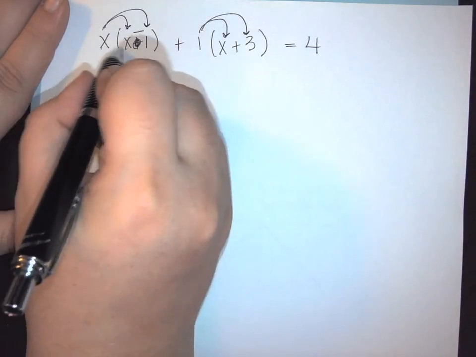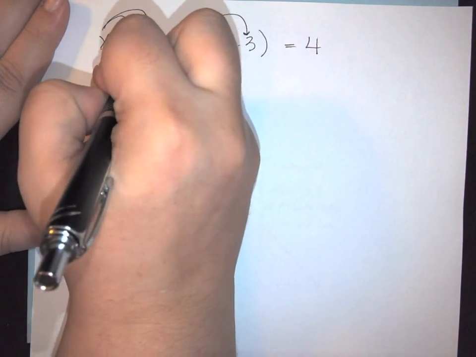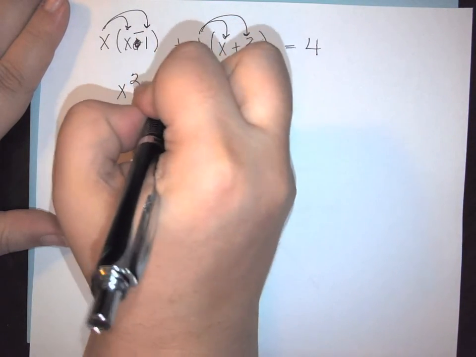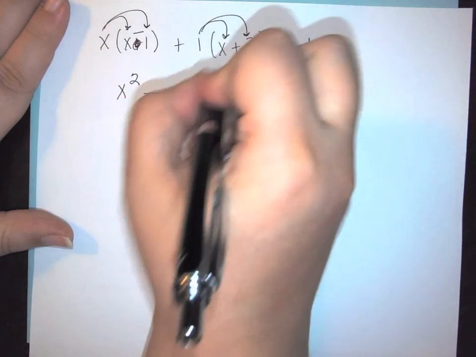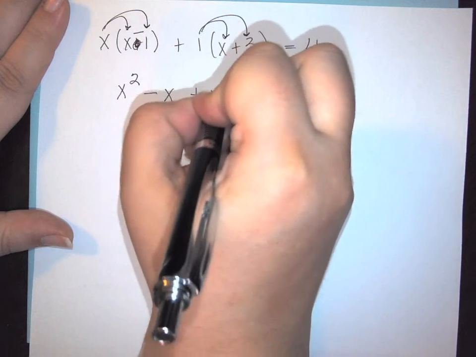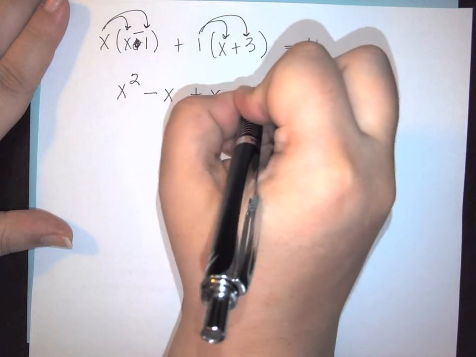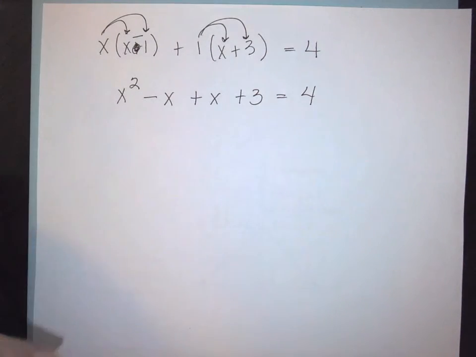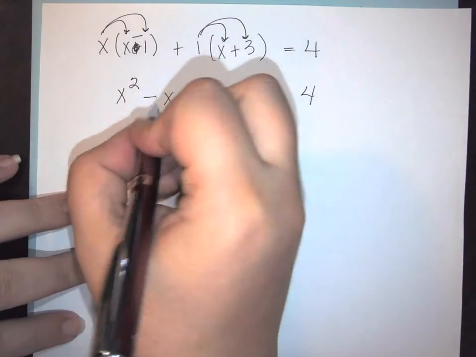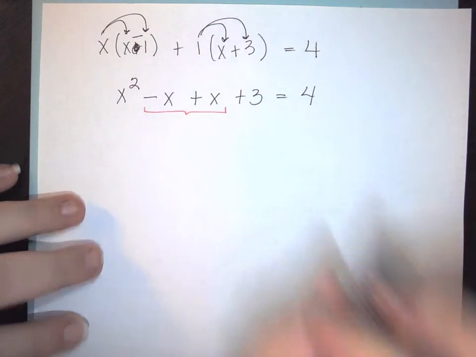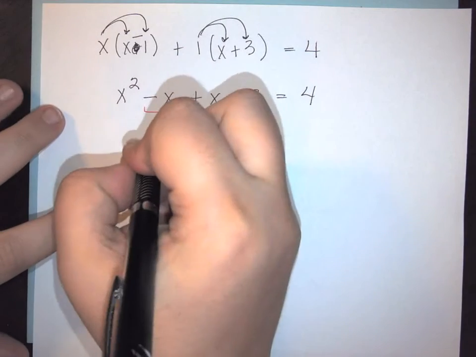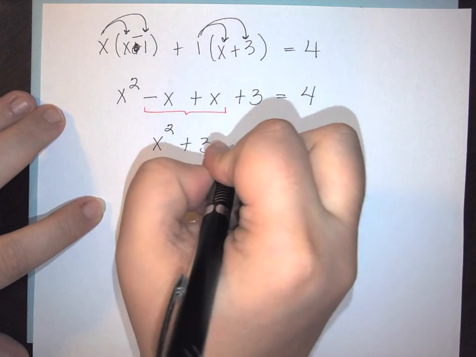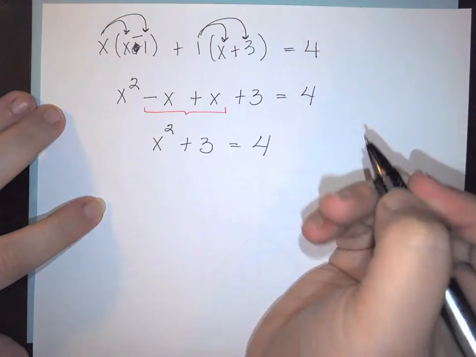So here we're going to have x times x, which gives us x squared. X times negative 1 gives me a negative x. 1 times x gives me a plus x. 1 times 3 gives me plus 3, and that is equal to 4. I need to combine my middle terms here, and I end up with x squared plus 3 equals 4.